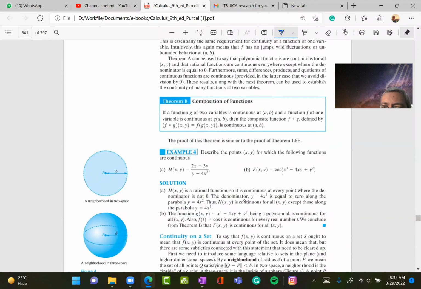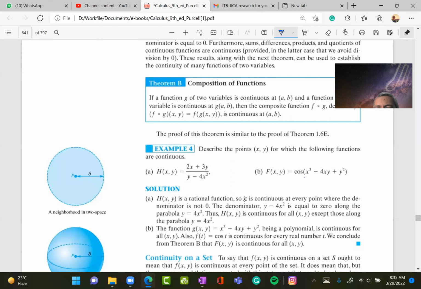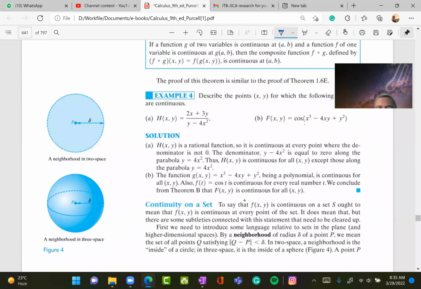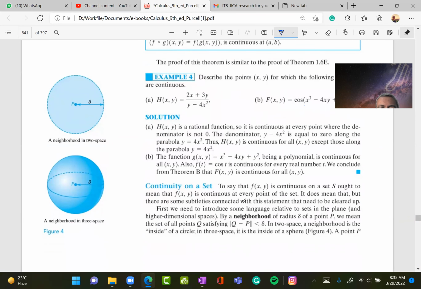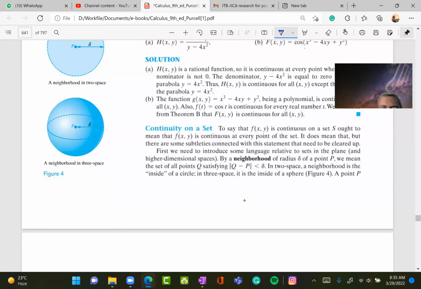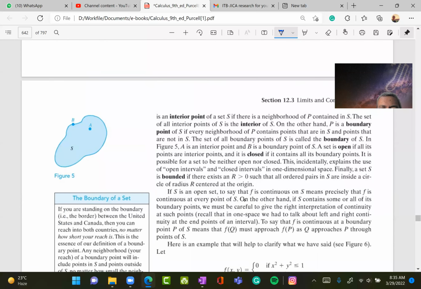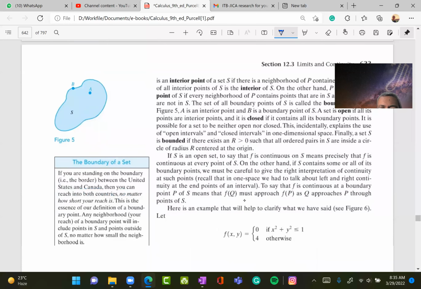The x cubed minus 4xy plus y squared, that's continuous. And cosine is a composition of continuous functions. Again, this is continuous. Okay. Skip that one, it's just the terminologies.